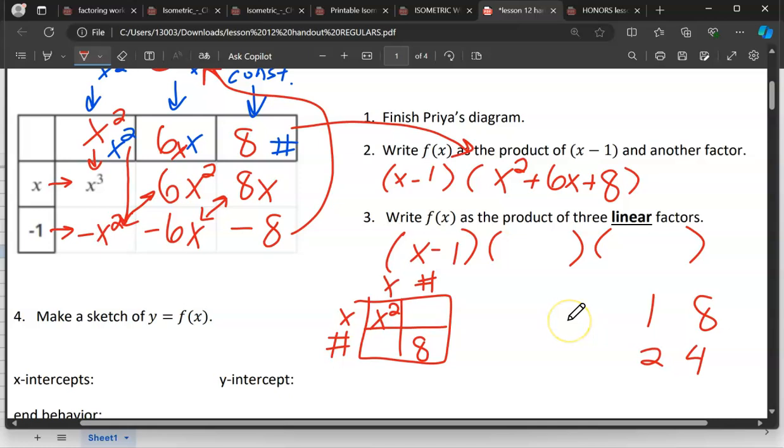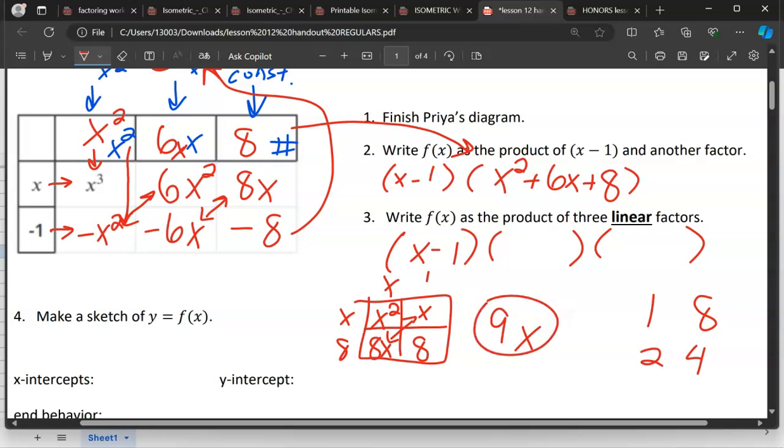Well, think about it. If I chose to put 1 and 8 in here, that wouldn't go well. If that was a 1 and that was an 8, I would get 8x for this row and column, and I would get x for this row and column. When I combine those, that gives me 9x.